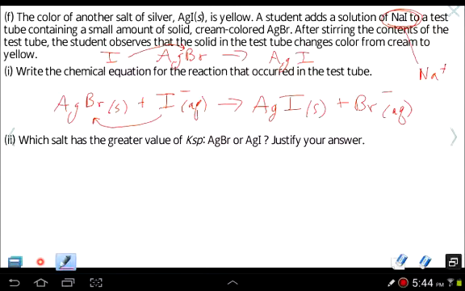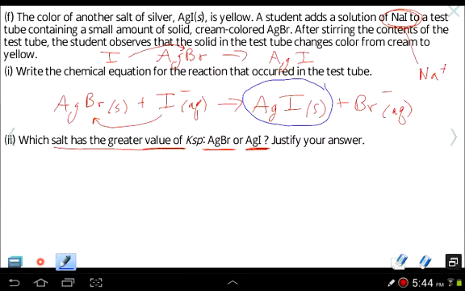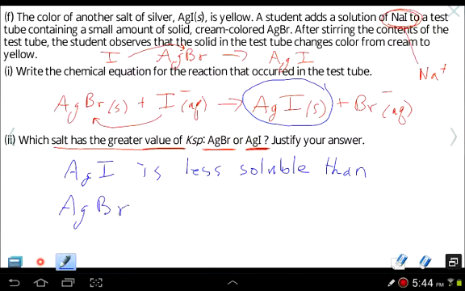And here it asks which salt has a greater value of Ksp, silver bromide or silver iodide. Well, because silver iodide became a solid, silver iodide is less soluble than AgBr. And that's because AgBr went into solution, which means it's more soluble. So AgI's Ksp must be smaller than AgBr's.